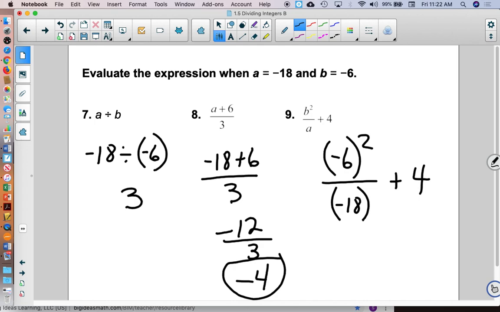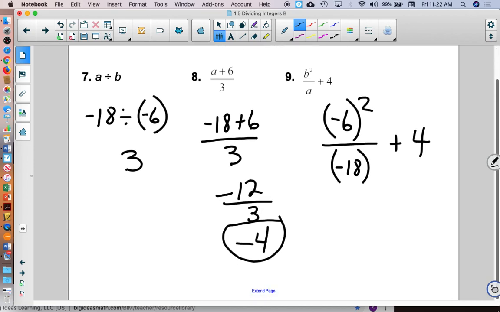Close. Close. I had 4, not negative. Horseshoes and hand grenades. It's the only time close is any good. Okay? What that means is, if you go deer hunting and you get close to the deer, is the deer going to die? No. If you throw a grenade at it and it gets close to the deer, is the deer still going to die?